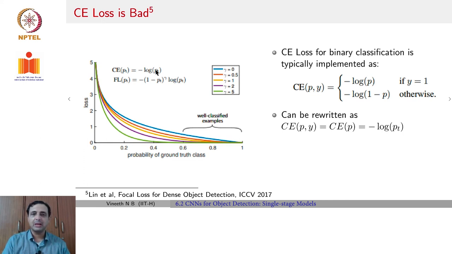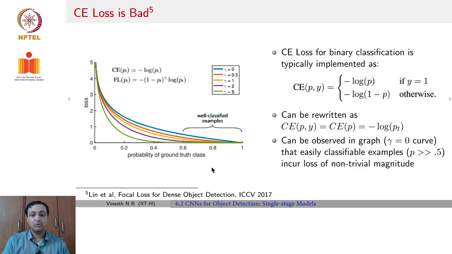And over their empirical studies, they observed this graph here. Remember that when gamma is equal to 0, this coefficient in the loss they introduced, known as the focal loss, turns out to be 1, and the loss just becomes your standard log loss or cross entropy loss.